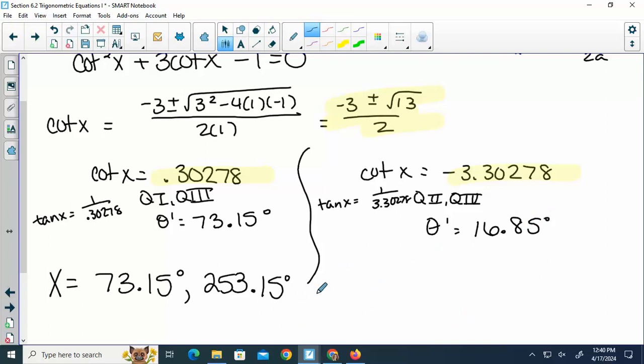I'm trying to make it a little bit nicer, so I'm just keeping a couple. But we could certainly do 3 or 4 if I asked. How would I put that reference angle in quadrant 2? It's 180 minus 16.85, which is 163.15. And in quadrant 4? 360 minus the reference angle.